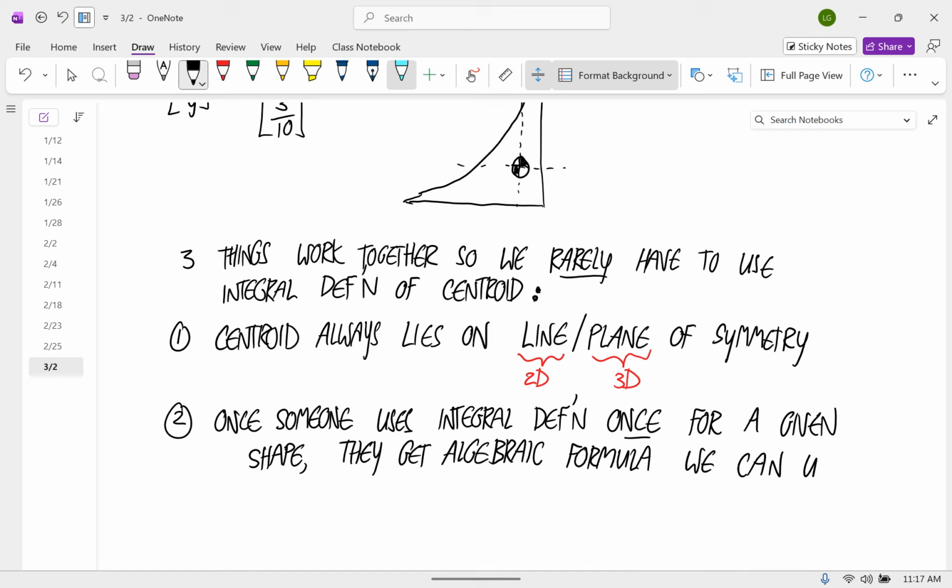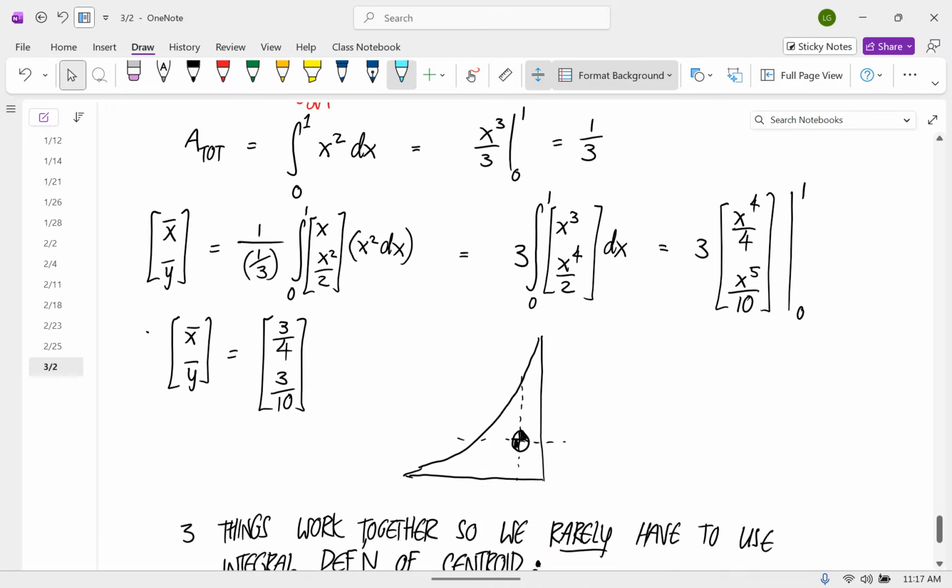And so in practice in this class, I'm just going to give you the centroid formulas for the shapes that we need, like a right triangle, a quarter circle. I think those are the only two that we really need.